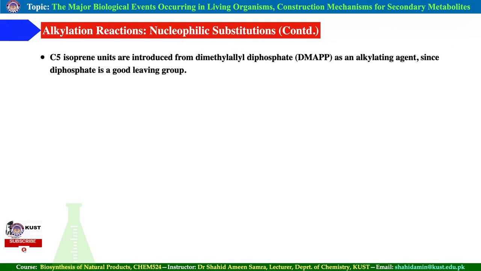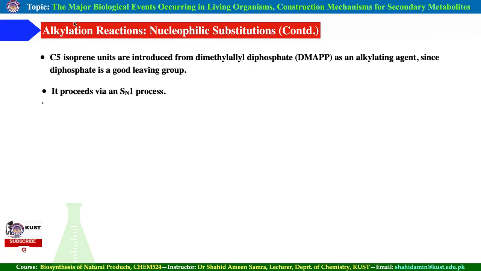Another alkylating species is a C5 donating species, as we talked before, and this is known as dimethylallyl diphosphate. It will provide the secondary metabolite with the C5 unit, and it may be used in the synthesis of secondary metabolites.